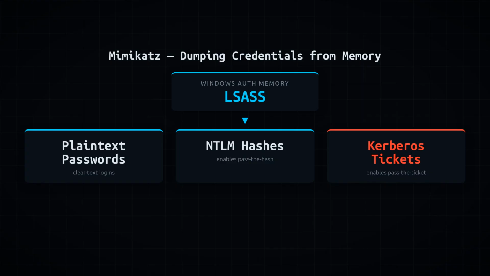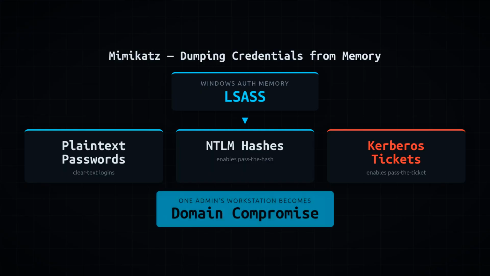With admin access to a machine, running Mimikatz against LSASS yields the credentials of every user who has recently authenticated to that machine, including domain administrators if they've connected to it. A single compromised workstation where an IT administrator has logged in becomes a domain-level compromise. This is why Microsoft has built Credential Guard specifically to protect LSASS memory.